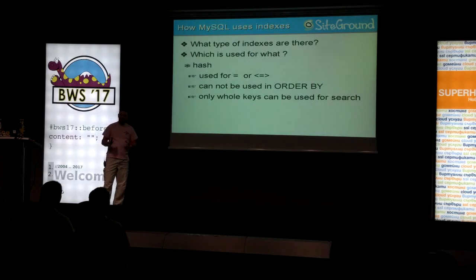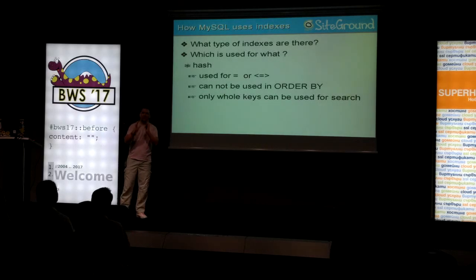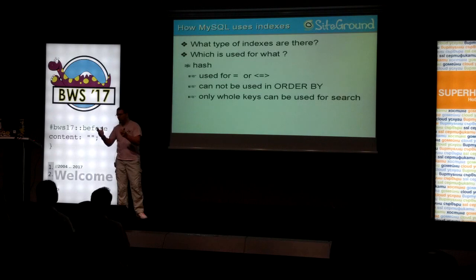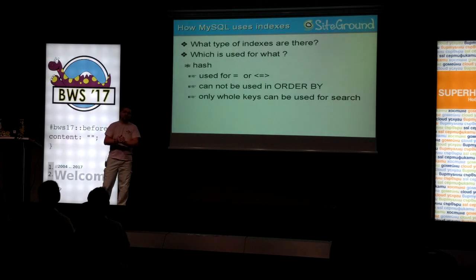Hash indexes are not very used because most of the things that people want to do with the database are not precise queries like constants, like do we have ID number 24 or something like this. If you want to check if this name exists in your table, it's fine.